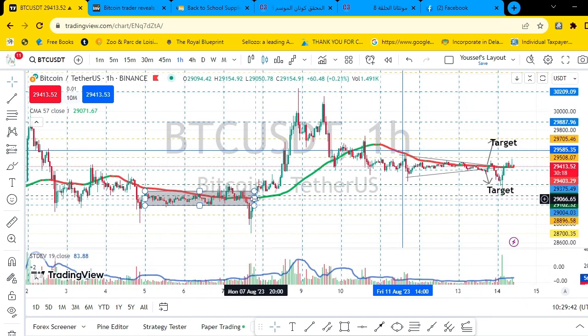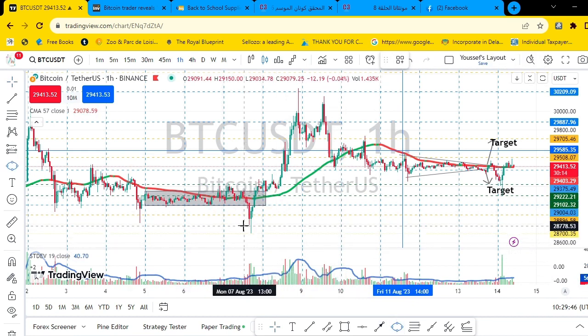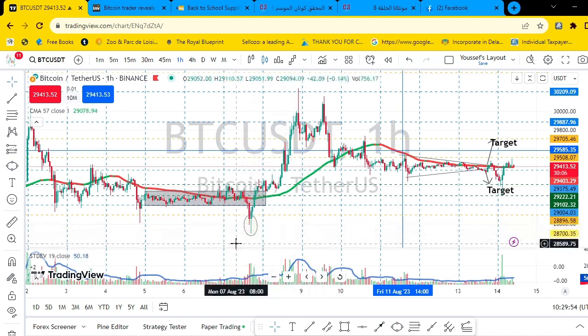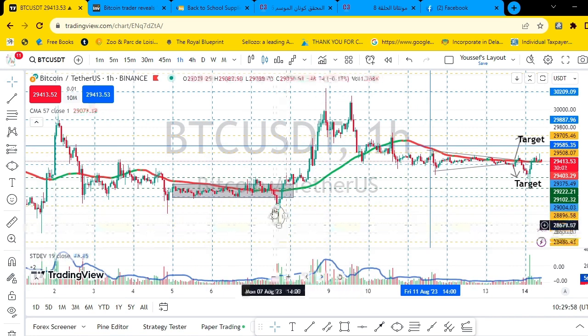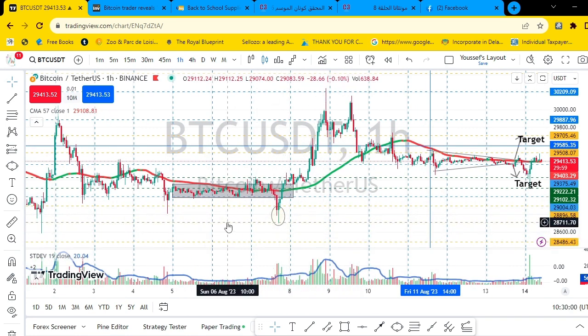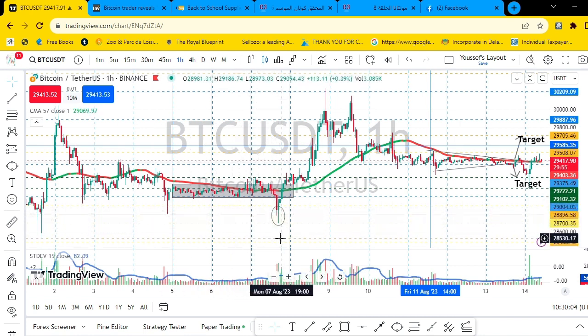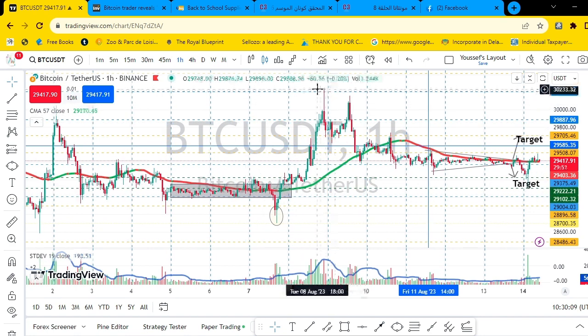And when the price got into this area, the market gave us a fake out and made a very important wick that I call a squeeze, because the bulls squeezed the bears and pushed the market higher to this level.